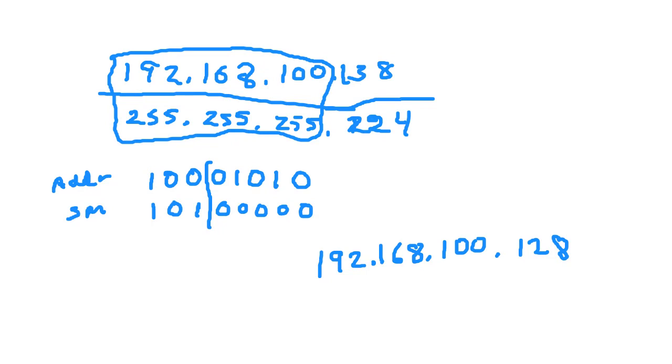that won't work on second thought. That subnet mask doesn't work, sorry. Because that would be a 1 right there. So that address wasn't a good address in the first place.